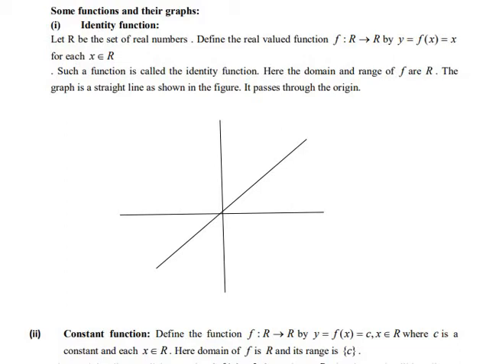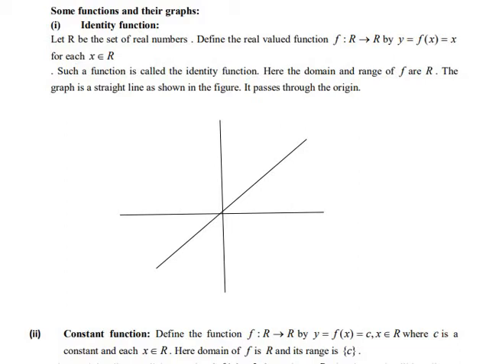So for 0, its image is 0, so (0, 0), (1, 1), (2, 2), (3, 3). Similarly, if I take minus 1, then its image is again minus 1, and the image of minus 2 is minus 2. Similarly, we will get the image of every element the same as the value of the element. So I can draw this line. So such a function is called an identity function.